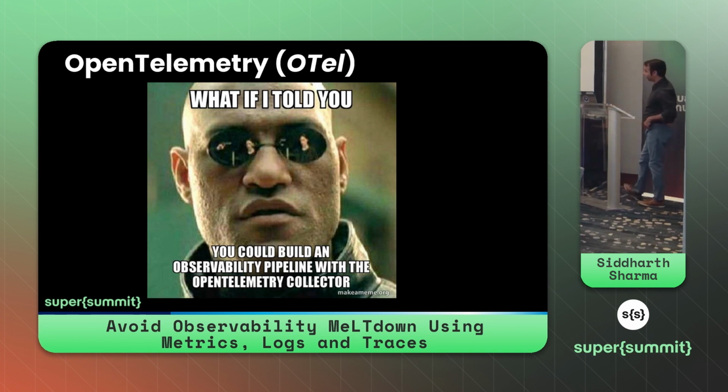But what if I tell you that there is something called OpenTelemetry, which is an open source solution, and it can help you build pipelines for your end-to-end observability? So what exactly is OpenTelemetry? OpenTelemetry is an open source specification that is a collection of different tools, APIs, and SDKs. It is completely vendor agnostic.